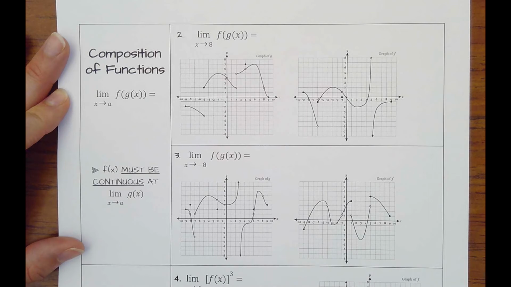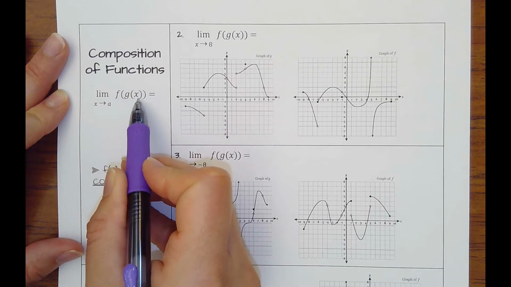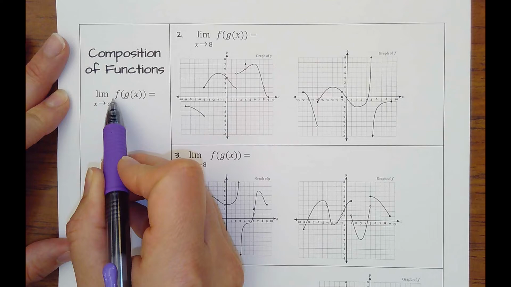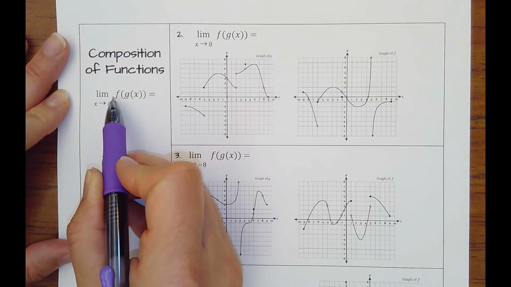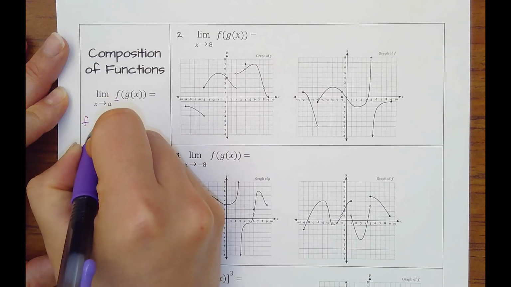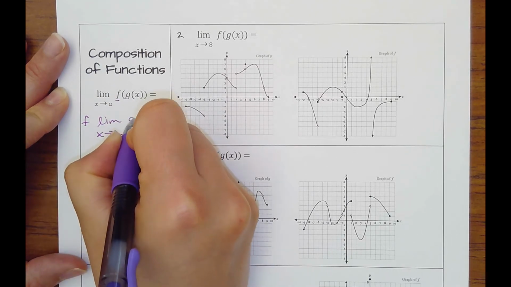All right, on the next page we got composition of functions. Here is the rule. When you have f of g of x, I hope you remember doing composition of functions in general, where we would evaluate the inner piece and then plug it into the outer piece. That's what this is saying. So I'm going to take f and say that it's f of the limit as x approaches a of g of x.